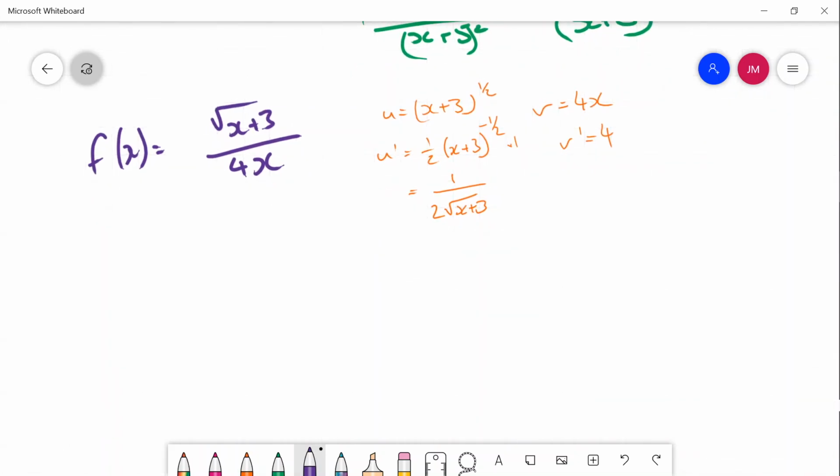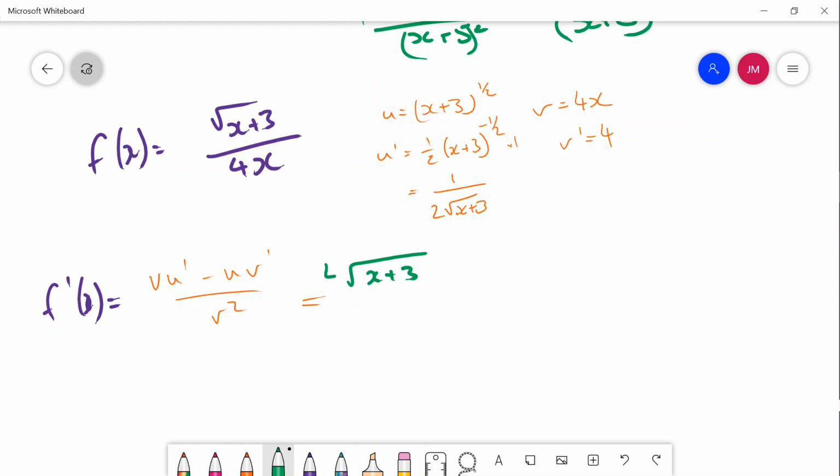So let's go to our quotient rule. Derivative of f of x, we're going to have v times u dash minus u times v dash over v squared. So that's going to equal, let's put in what we've got, x plus 3, which is the square root for u, and then v dash is 4, so times it by that, which I've done wrong already, haven't I? Thanks for stopping me.